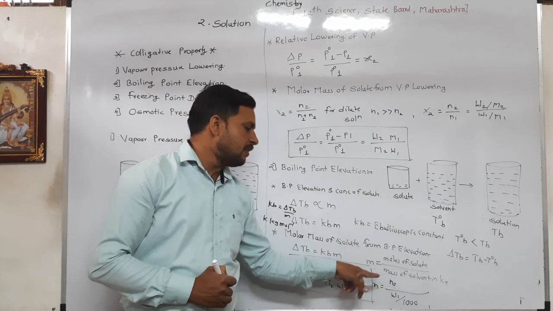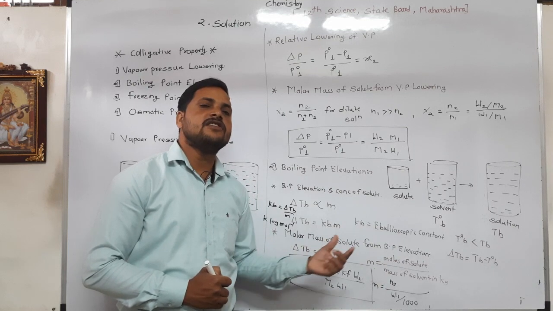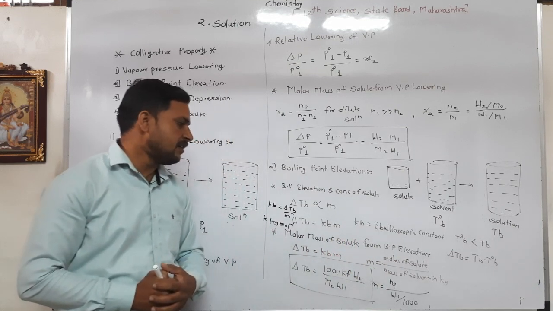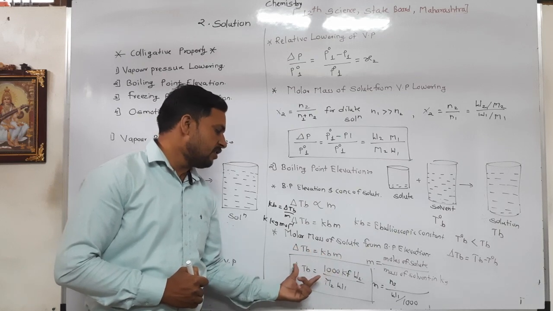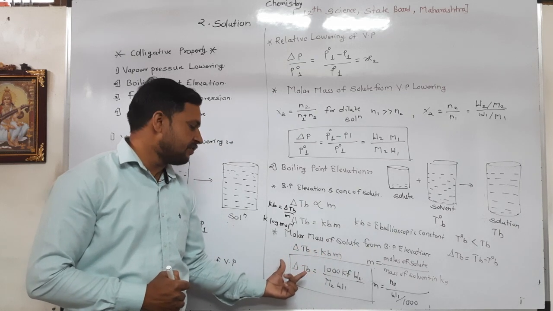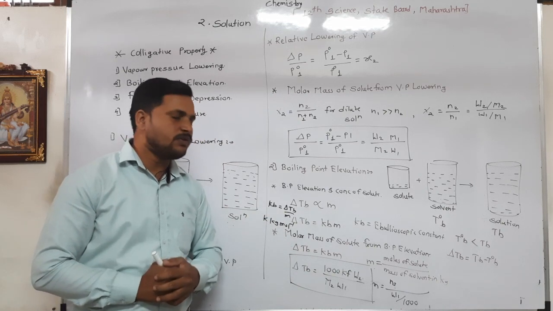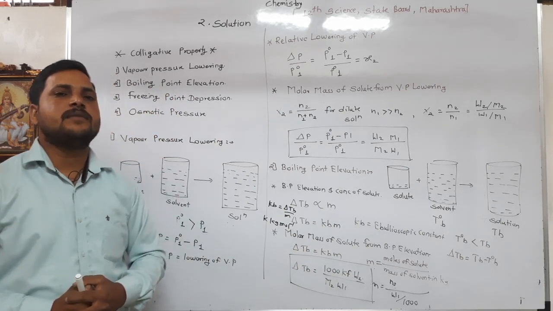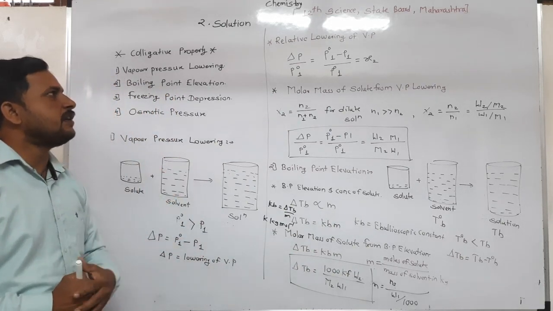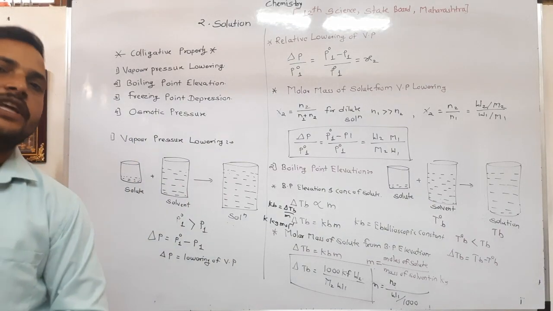The moles of solute means N2 and the mass of solvent in kg means W1 upon 1000. Putting this value in delta Tb is equal to Kb into m, we get the final equation, delta Tb is equal to 1000 Kb into W2 upon M2 into W1. This is about the first two colligative properties: vapor pressure lowering and elevation in boiling point.